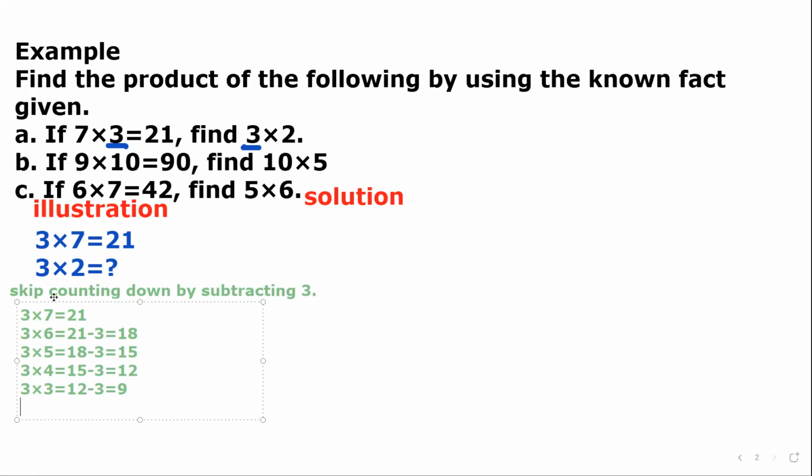So we have 3 times 2 is equal to the previous answer, which is the 9, minus 3 here. That gives us 6. Okay. Therefore, 3 times 2 equal to 6. Good.